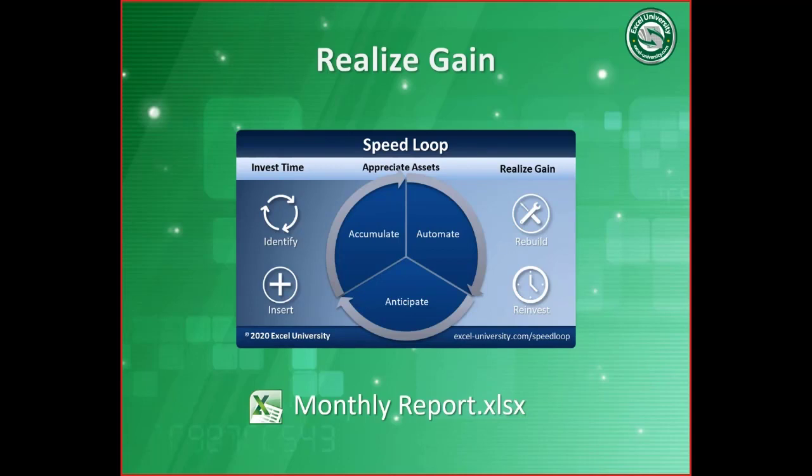So once all or almost all of those manual steps have been automated, now it's time to step out of the loop. And when we step out of the loop, we go to this third and final stage. This is the R stage, everything starts with R, realize gain. And this is all about leveraging the time savings. So there are 2 steps, rebuild and reinvest.